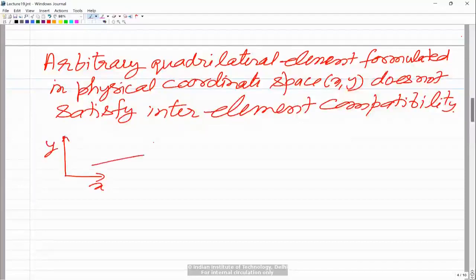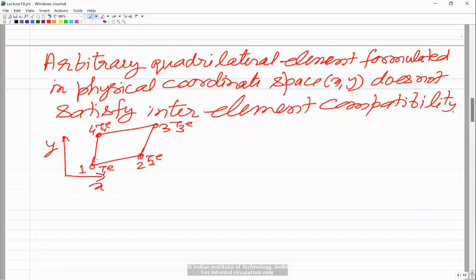So this is the element, and these are the nodes 1, 2, 3, 4, and of course the degrees of freedom would be the values of temperature here, T1e, T2e, T3e, and T4e. The coordinates would be x1 and y1, x2 and y2, x3 and y3, which are known, and the coordinates of this would be x4 and y4.